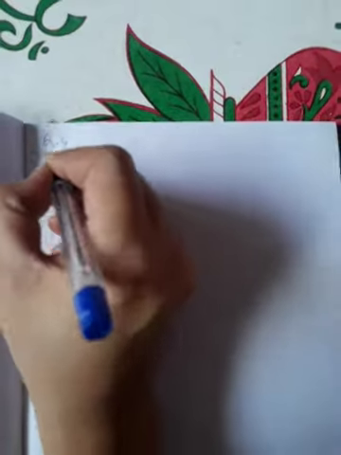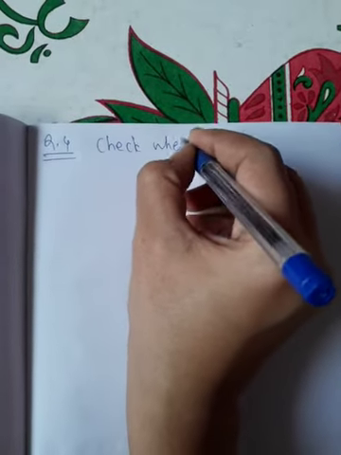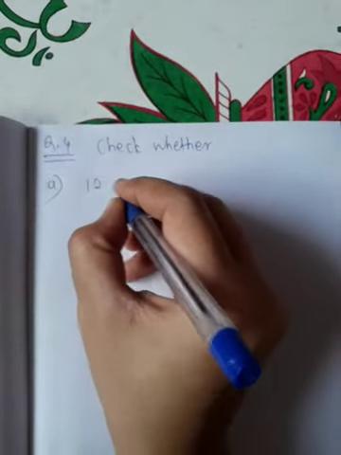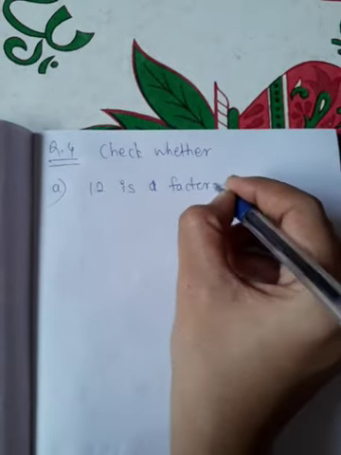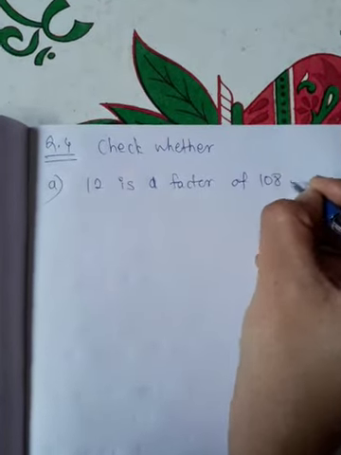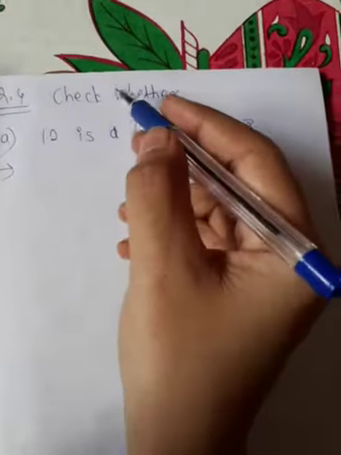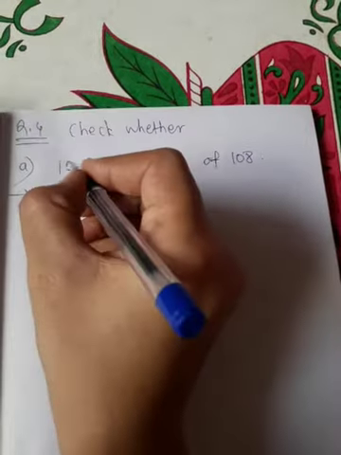Now there is question number 4, check whether... and the sub question 1 is: check whether 12 is a factor of 108. So whenever there is a question of this type, whenever we have to check, how do we solve it?